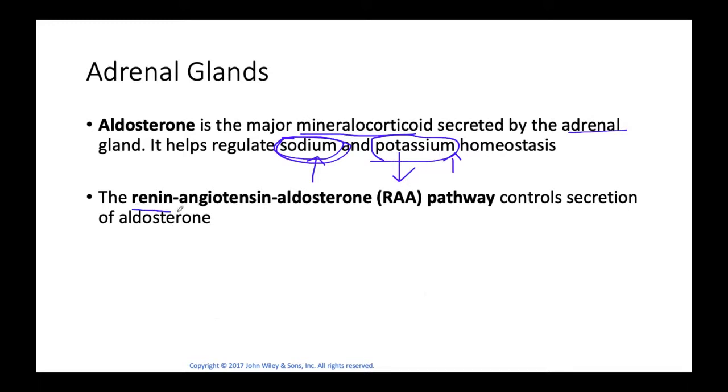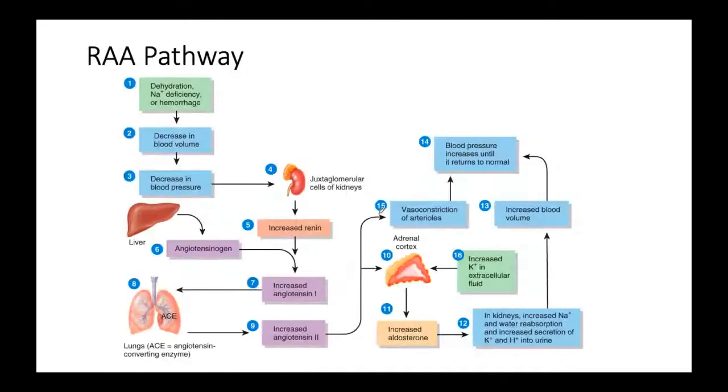So let's look at the RAS system, the Renin, Angiotensin, Aldosterone system. When we look at that, we're looking at Renin, Angiotensin, Aldosterone system, or the RAS system. So in this particular case, we're going to be looking at low blood pressure. Maybe the low blood pressure is coming from dehydration or a sodium deficiency or loss of blood, like a hemorrhage.